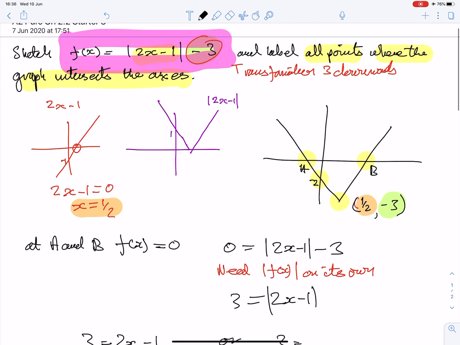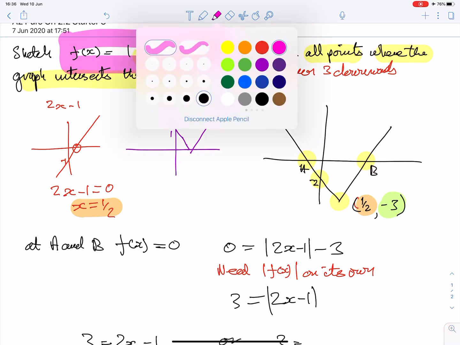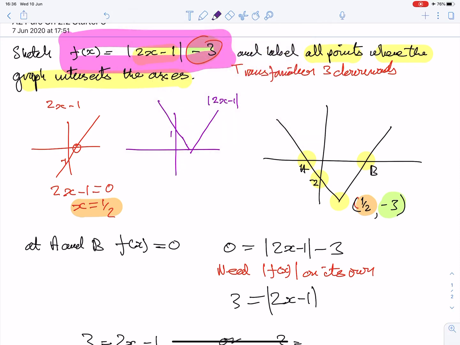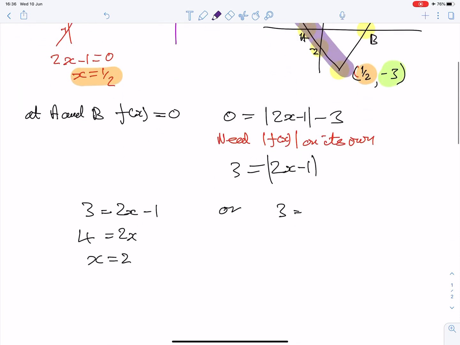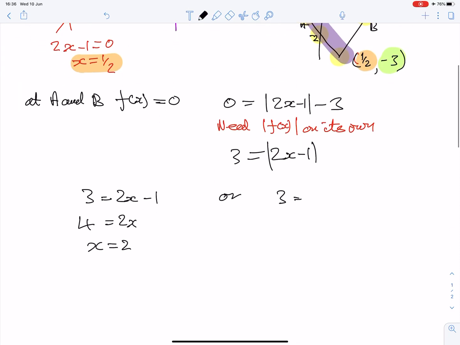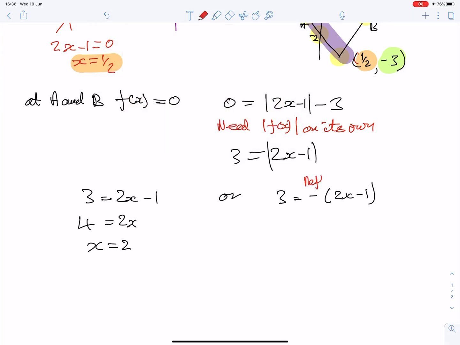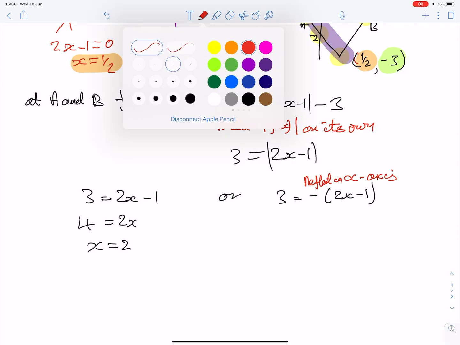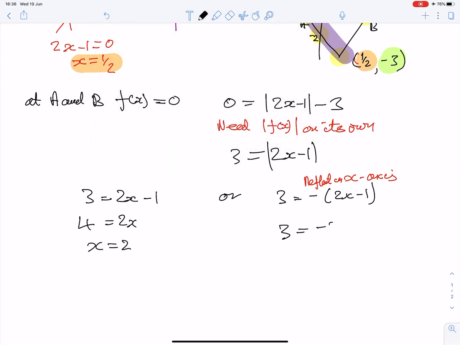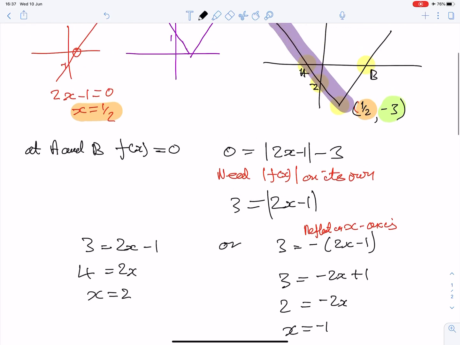In effect we're now looking at this part of the line after the reflection has occurred. So we've got 3 is equal to the negative of 2x minus 1, reflected in the x-axis, and now we can solve it. So 3 equals minus 2x plus 1, subtract the 1, 2 equals minus 2x, x equals negative 1.